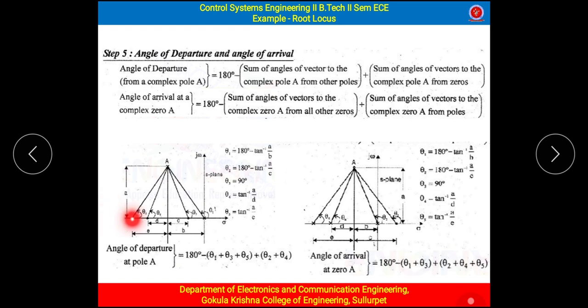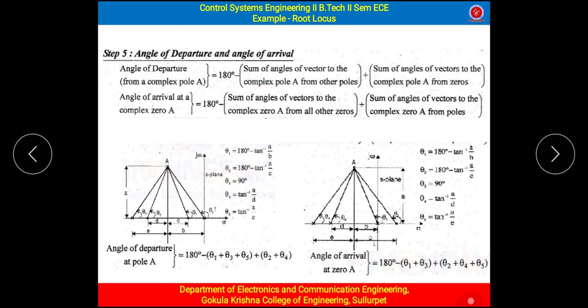Now we have 1, 2, 3 and 4 poles, and zeros, how many? 1, 2. Two zeros are there. Now what is the formula? 180 minus the sum of angles of vectors to the complex pole from other poles. With respect to this particular pole we are calculating the angles.